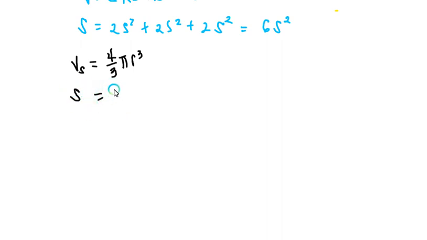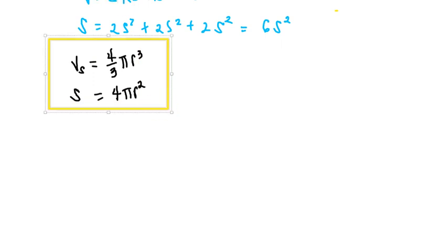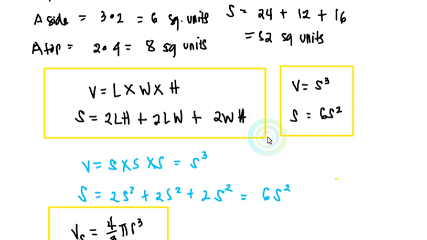Surface area is equal to four circles. This is equal to 4 pi r squared. Okay, this is the formula we need to consider for a sphere. So we have this for the cube, this for the rectangular solids.